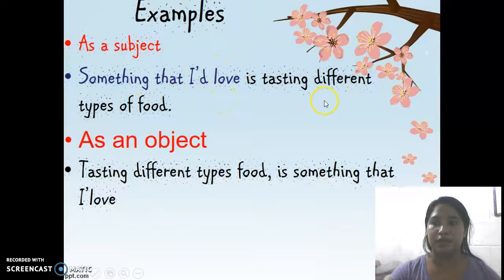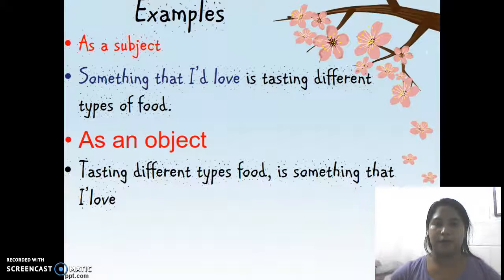Something is the noun. That I love is the relative clause. As you can see in this example, the noun phrase comes before the verb to be, and the verb to be is right here. As an object, it is the same sentence: tasting different types of food is something that I love.